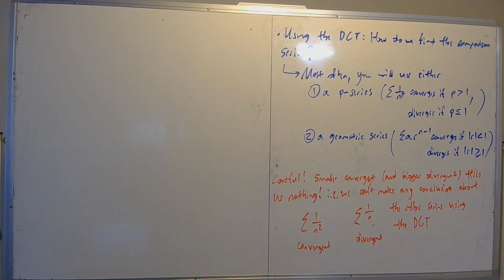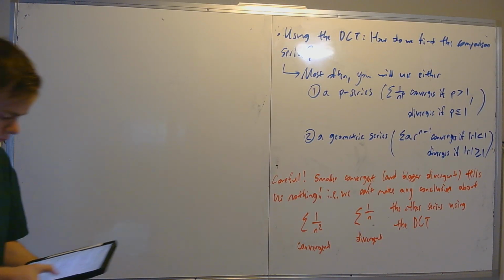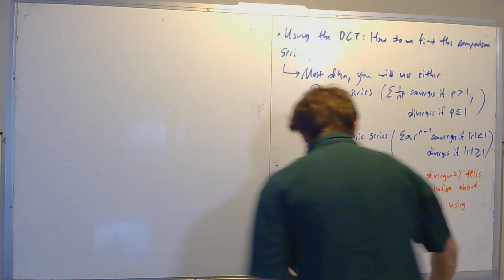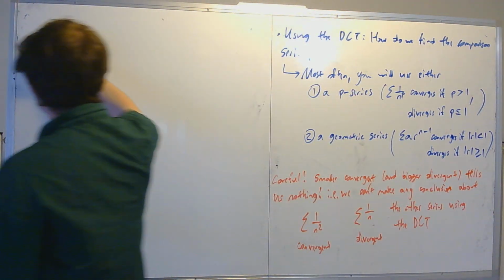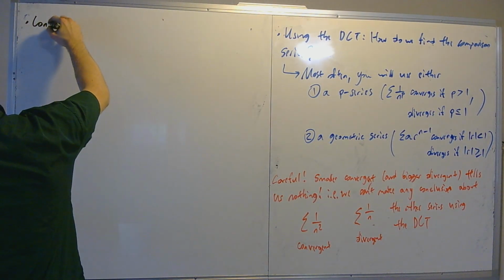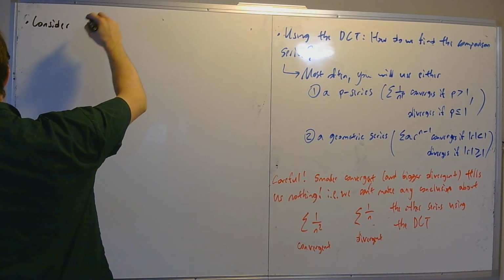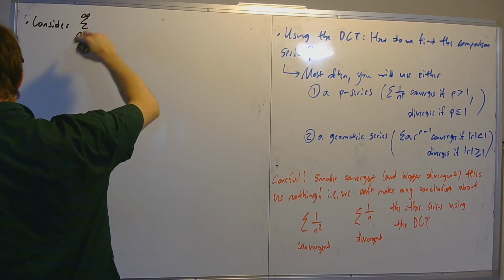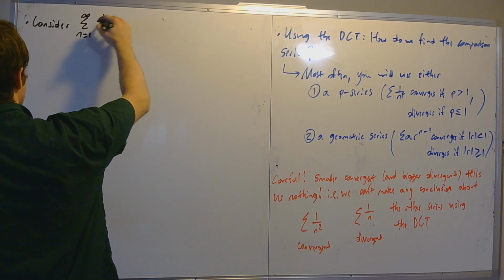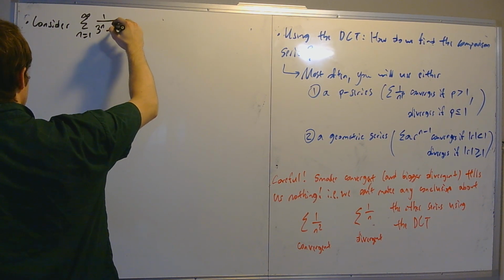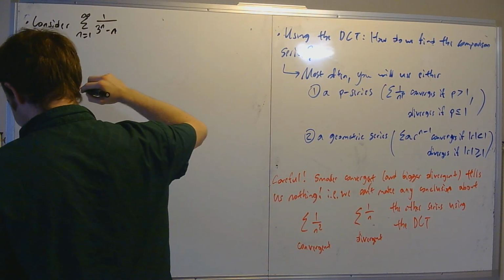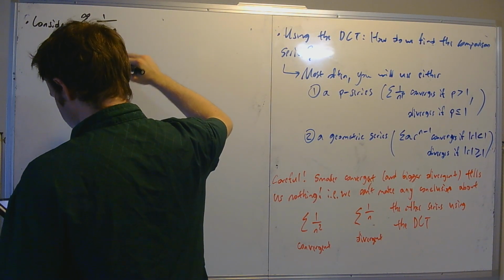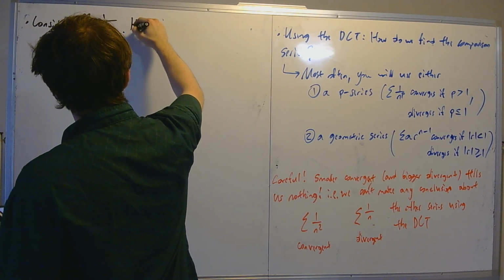Okay. So let's write down here, consider the sum from n equals 1 to infinity of 1 over 3 to the n minus n here.